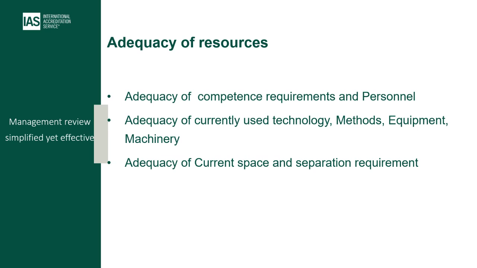You need quality people to do quality things. So then there is the technology, methods, equipment, machinery. Are those giving you the right sensitivity, the right specificity for the type of analytes that you're trying to run? So again, those are very critical, and top management needs to pay attention to that.